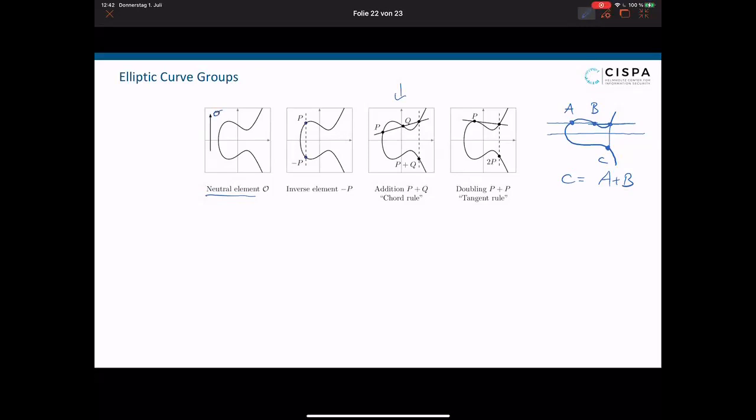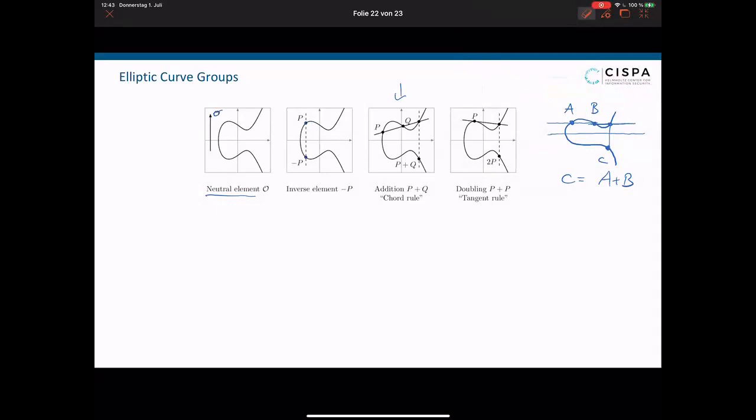You can think of it this way: if you were to move P slightly to the side here, this point at infinity would become a finite point. But when P and minus P are opposite to one another on the x-axis, you will have no more intersection with this curve at a finite point. But then we say, okay, let's just define it: it intersects this curve at infinity.